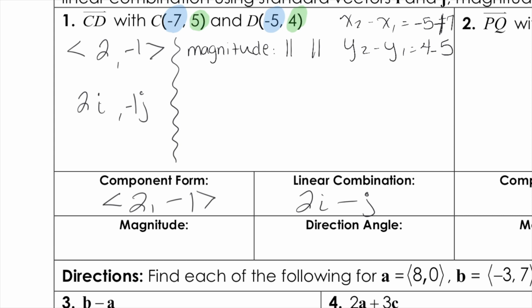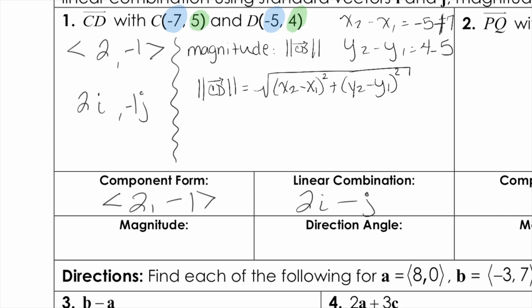And so here it would be like the magnitude of CD. And the magnitude is simply, I'm going to write this, double bar of CD is the square root of the difference in your x's plus the difference in your y's.